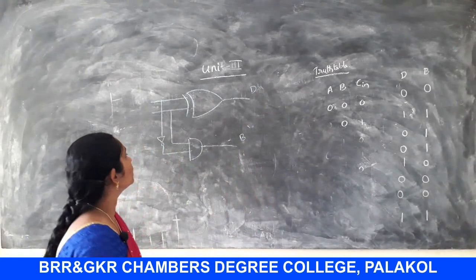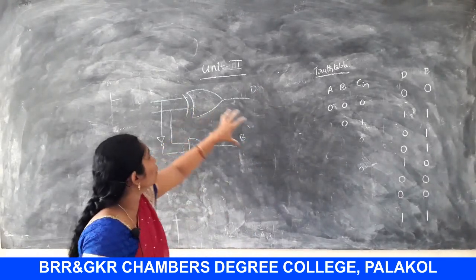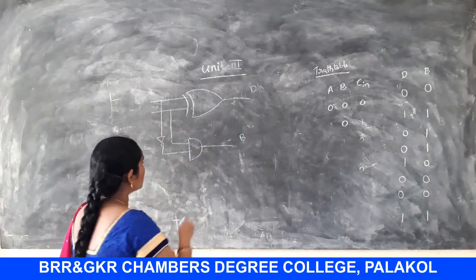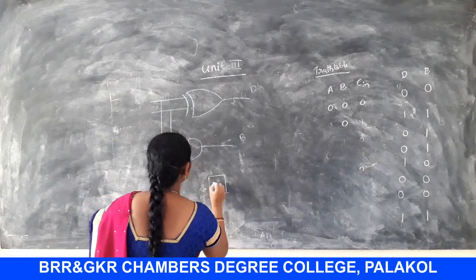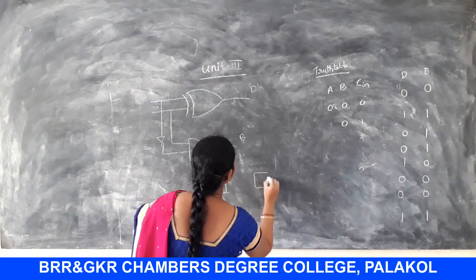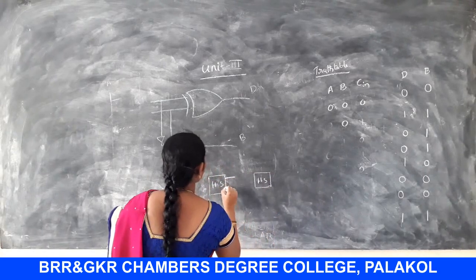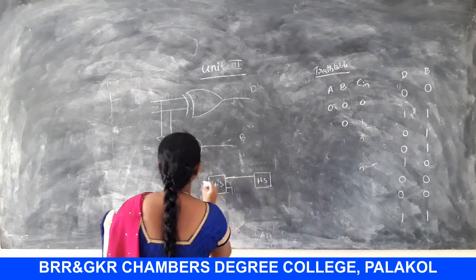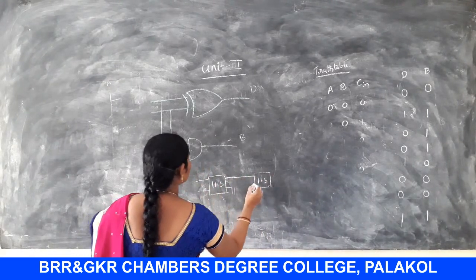By using these two half subtractors, we have to implement the one full subtractor. So that means, so this is one half subtractor and this is another half subtractor. So each subtractor has the difference and borrow. Okay, so we have to apply the two inputs here.